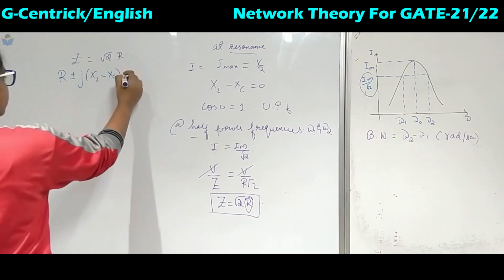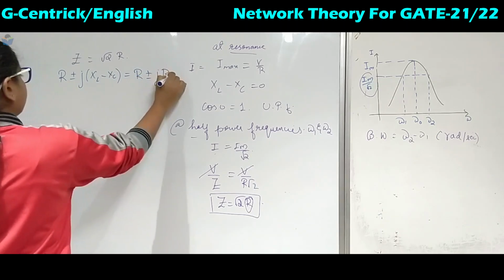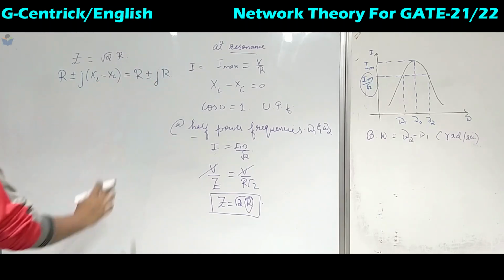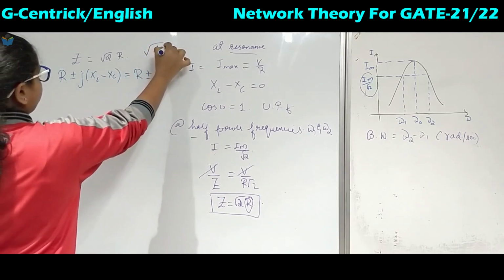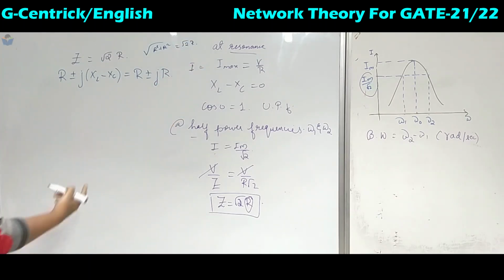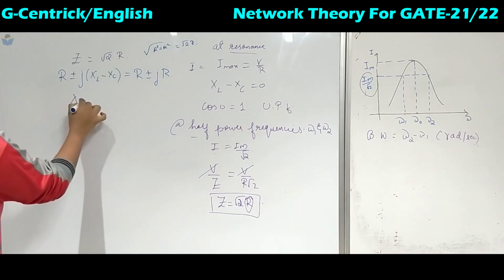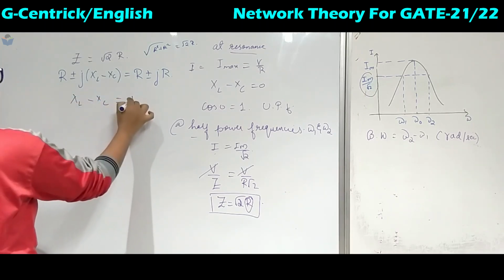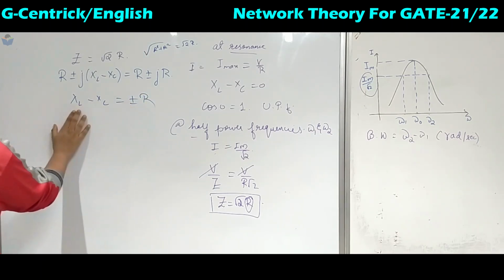This root 2 R I can write as R plus or minus jR. When you take the magnitude of this, it will be R square plus R square, which will be root 2 into R. So you will get the same answer. Now when you consider the imaginary parts, XL minus XC will be equal to plus or minus R.